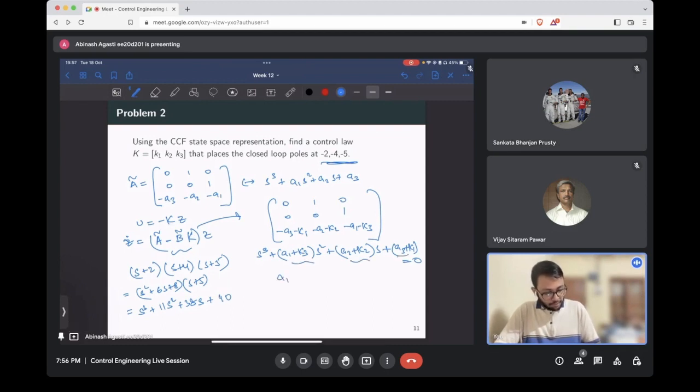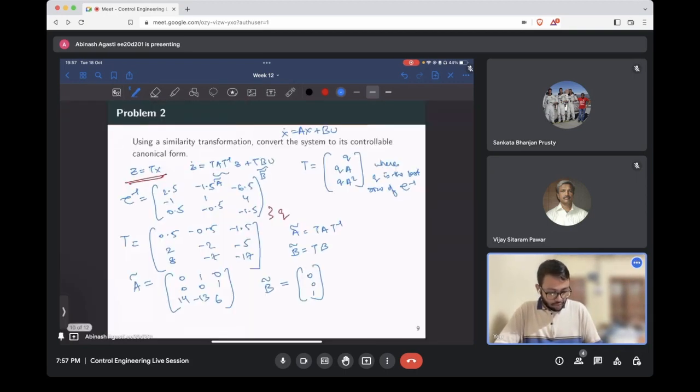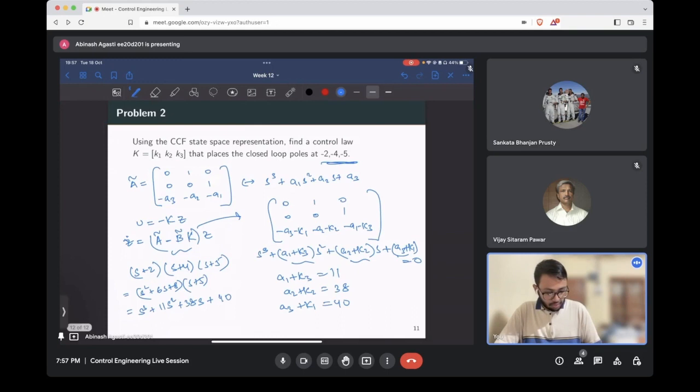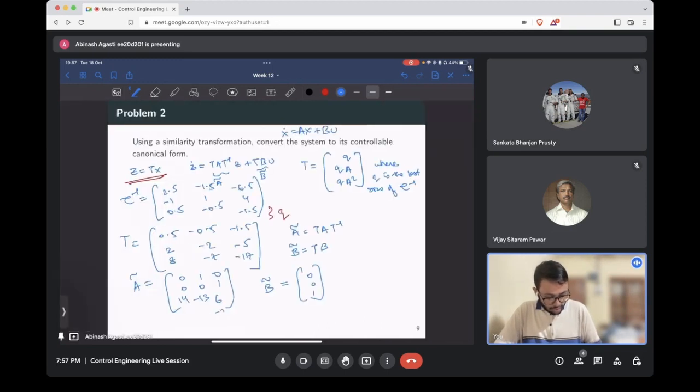So a1 plus k3 is 11, a2 plus k2 is 38, and a3 plus k1 is 40. Now we know from this, where was that? This is minus a1, minus a2, minus a3. So a1 is minus 6, a2 is minus 13, and a3 is minus 14.